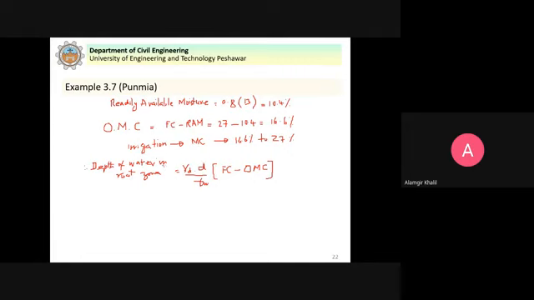So this is how we can calculate the depth of water in the root zone.